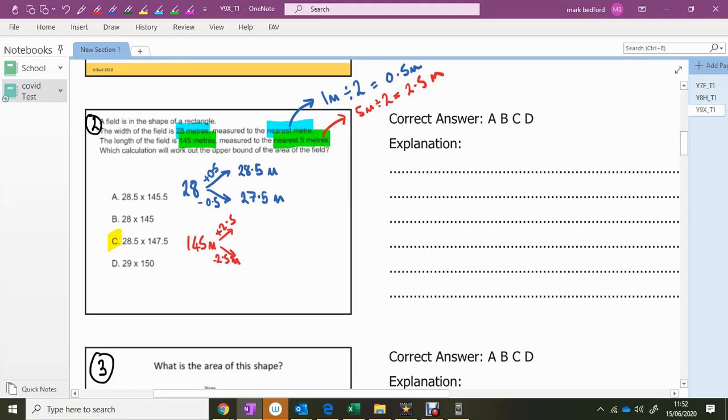Our upper bound will be 147.5 meters, and our lower bound will be 142.5 meters. To work out the upper bound, that's the biggest value that the area could be, we need to take the biggest width of the field and multiply that by the biggest length of the field, which is seen here as part C.